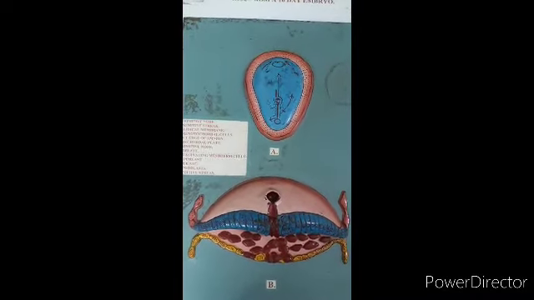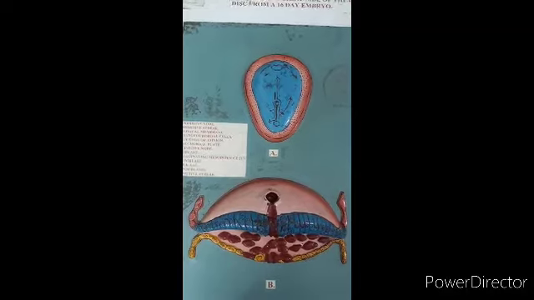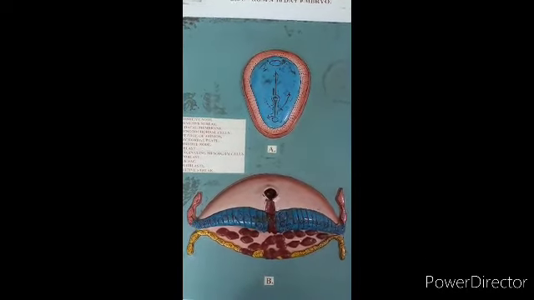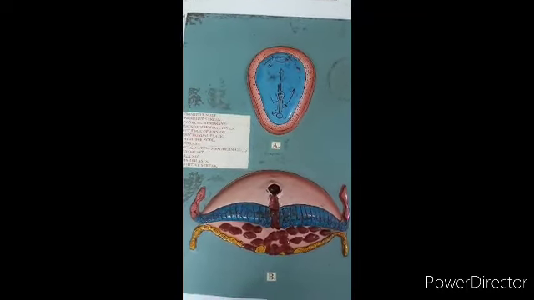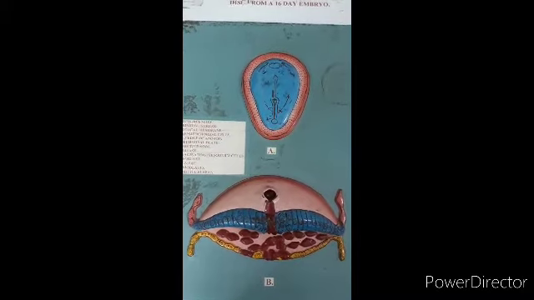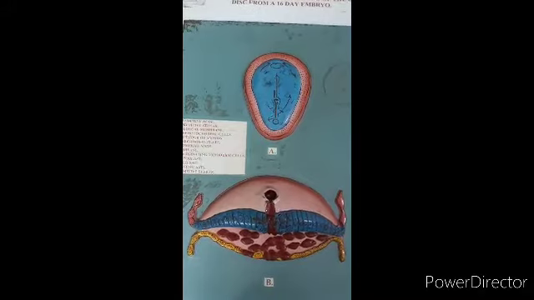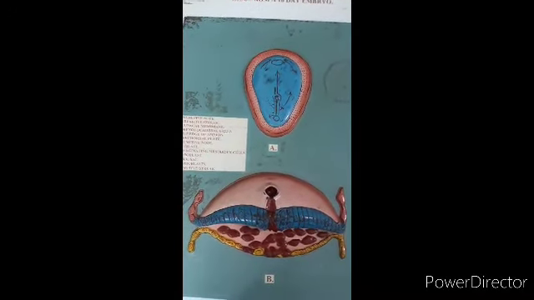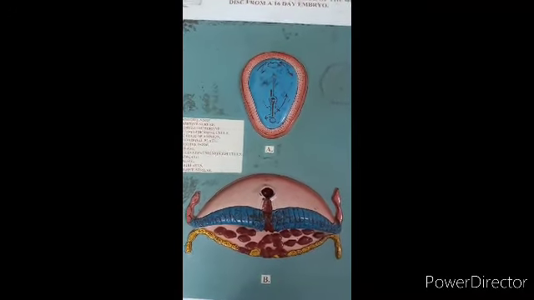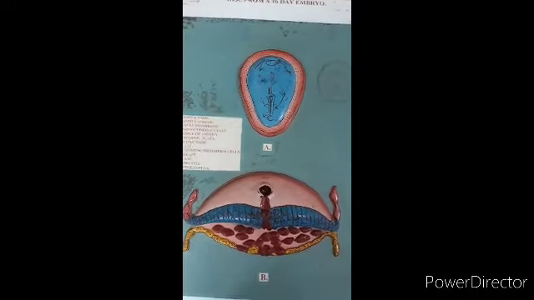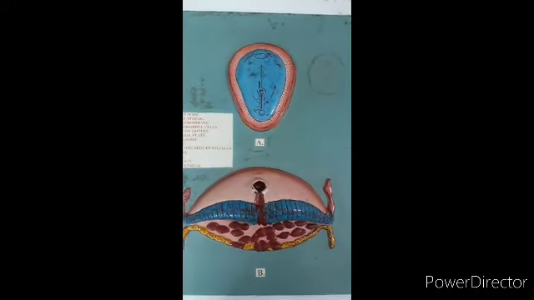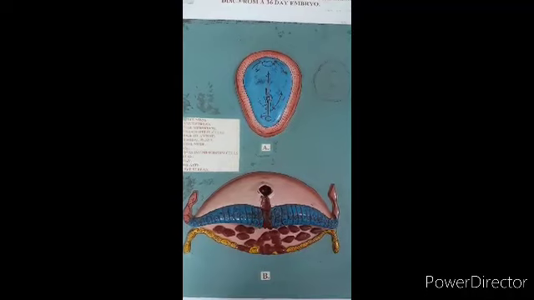Now, the endodermal tissue. The endodermal tissues are derived from the hypoblast, and the GI tract, epithelium of the lung, liver, pancreas, bladder, thyroid, and parathyroid gland are derived from the endoderm. So this is all about the formation of the three germ layers. Thank you.